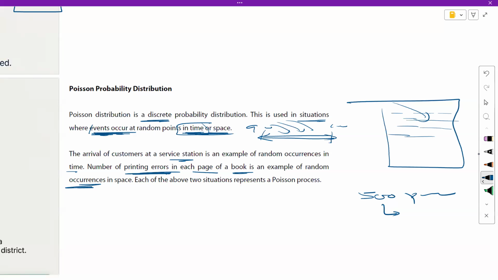That is not a time. The 500 pages are a space. So the Poisson distribution can be applied for a given time or space. The number of printing errors on each page of a book is an example of random occurrences in space. Each of the above two situations represents a Poisson process. This context is called a Poisson process.